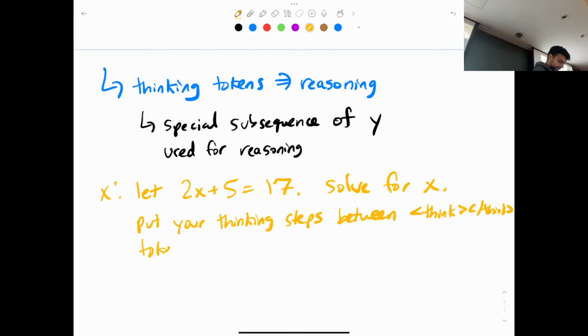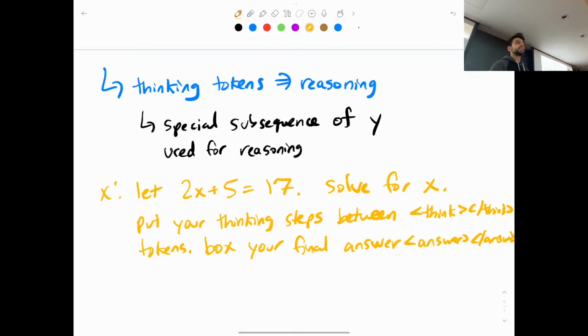So these are special tokens. And box your final answer. Sometimes you can actually just say format your final answer in this particular LaTeX box or whatever.